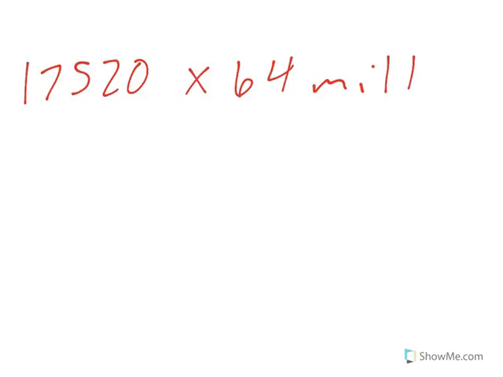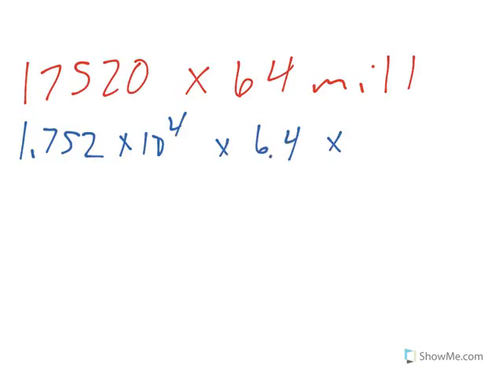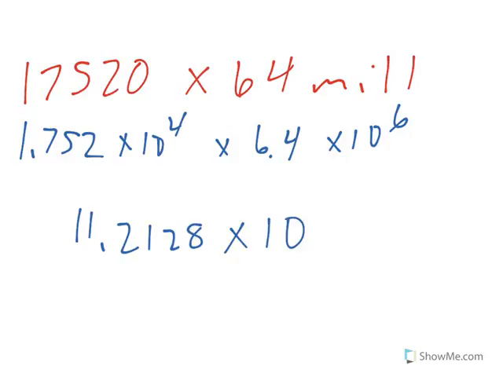So if I do 1.752 times 10 to the 4th times 6.4 times 10 to the 6th, right? Because million means 6. Now, when I put those together, 1.752 times 6.4 yields 11.2128 times 10 to the... Oh, I made a mistake.